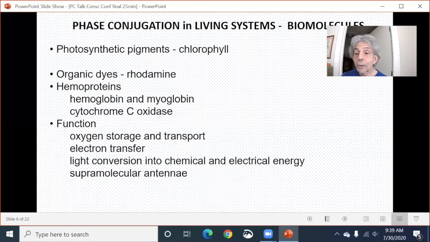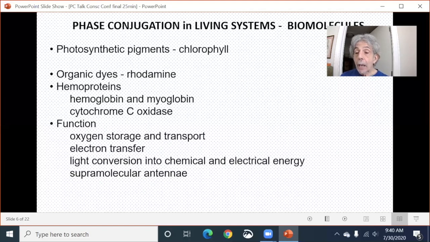Photosynthetic pigments like chlorophyll are one example. Then we have organic dyes, and the main class of materials are heme proteins, because they contain the porphyrin molecule. Biochemists in the audience will know these molecules: hemoglobin, myoglobin, cytochrome C oxidase.